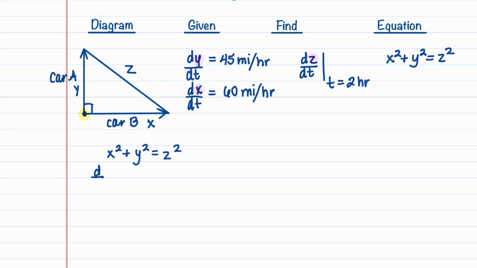Now we're going to take the derivative with respect to time of both sides, x squared plus y squared, and then we have d/dt of z squared.